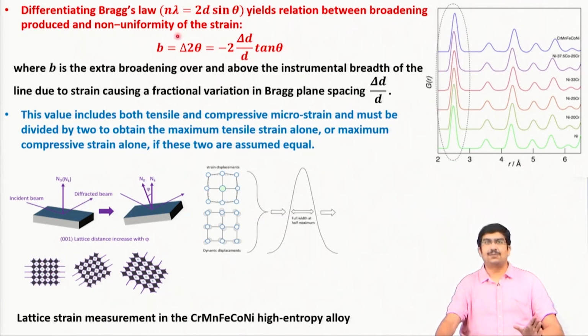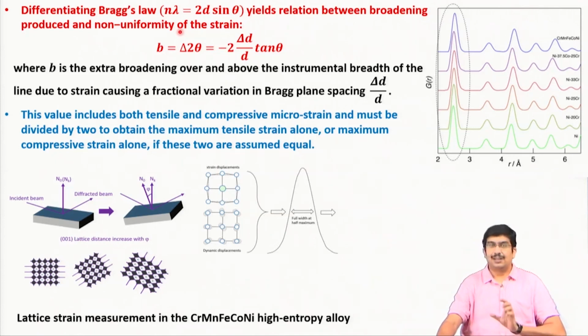From this we can determine the amount of strain in terms of the width. Theta is theta b, which we know from the diffraction curves, and by measuring the width or the broadening of these peaks, we can determine the amount of strain present in the material. This is how we can get the micro strain in the material.